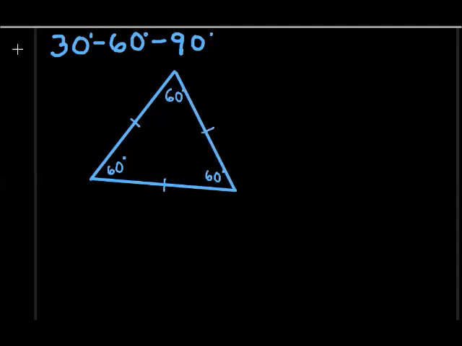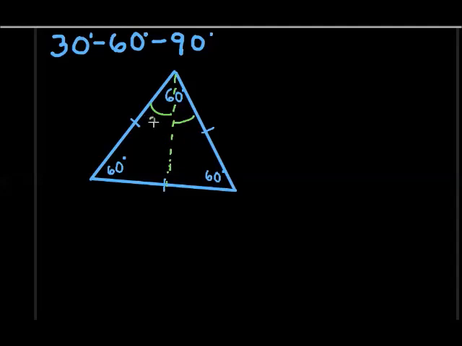Now just imagine that we split this triangle right down the center, like right down here. And what we have is two triangles now. We're just going to work with one of them. At the very top of the triangle, I've split this angle in half. I've got an angle bisector.